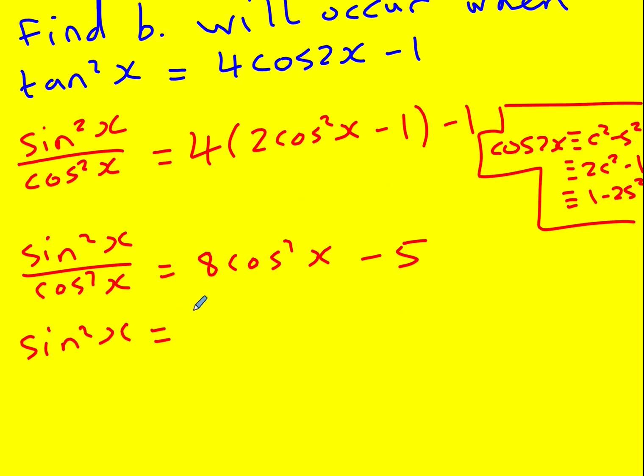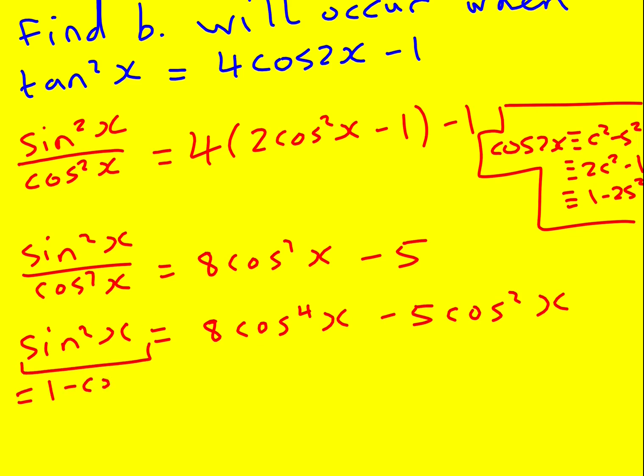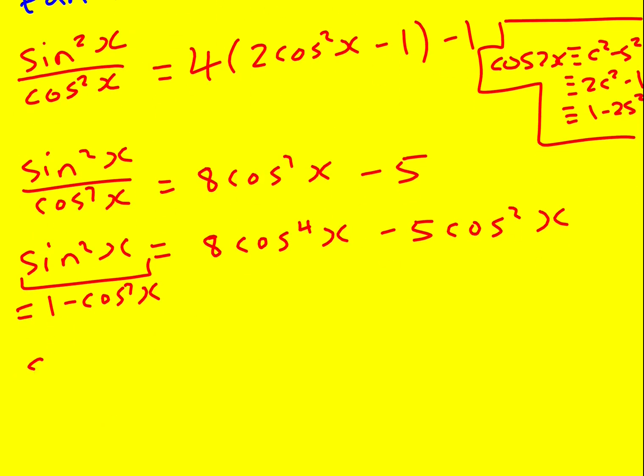So sine squared x will equal 8 cos to the 4x minus 5 cos squared x. And I can replace sine squared x by 1 minus cos squared x. Therefore, we'll get 8 cos to the 4x minus 4 cos squared x minus 1 is equal to 0.